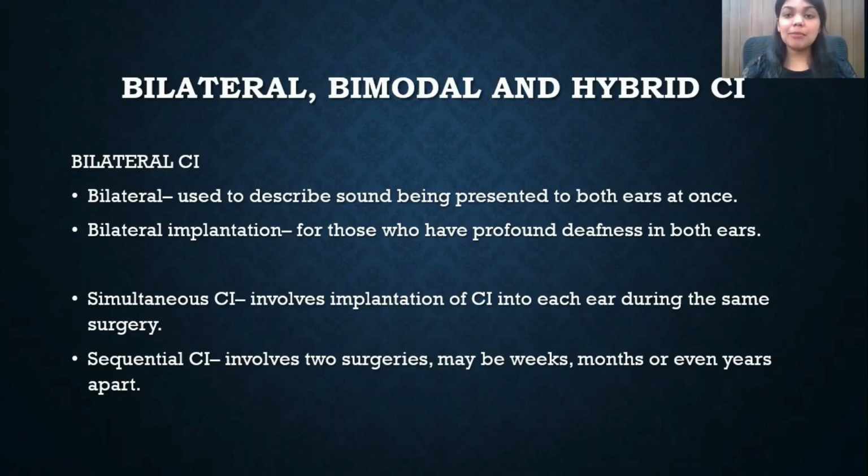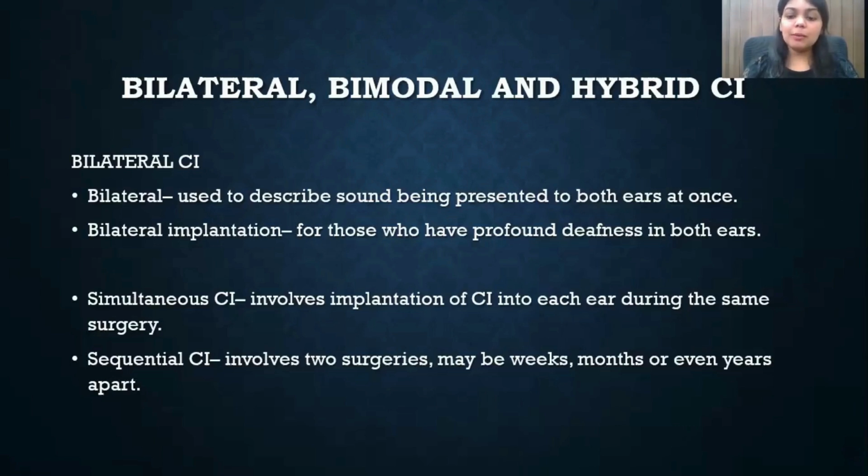So bilateral implantation is considered for those who have bilateral profound hearing loss. So bilateral CI can be done in two ways. It can be simultaneous or sequential. So simultaneous involves implantation of CI into each ear during the same surgery. But in the case of sequential, it involves two different surgeries which can be weeks, months, or years apart.